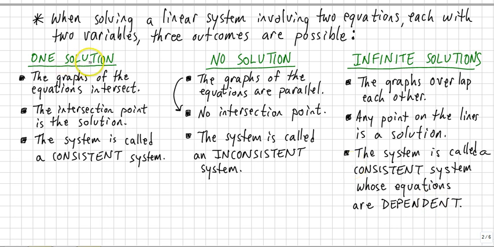So if there's one solution, we say the system is consistent. If there's an infinite number of solutions, we still say that system is a consistent system, but the equations are dependent. Basically, because one equation is the same equation as the other one, because when you graph it, you get basically the same line. The two lines are basically the same line. So we'll see an example of that here in a sec.